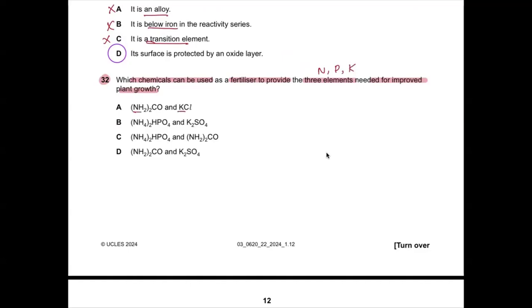So nitrogen is there, potassium is there, not chlorine. Nitrogen, phosphorus, potassium. So all 3 are there. So I think A would not be an answer. Nitrogen, phosphorus, no potassium. So C goes wrong. Nitrogen and potassium, no phosphorus. So D goes wrong. So the correct answer is B. I hope till here it's clear to all of you.